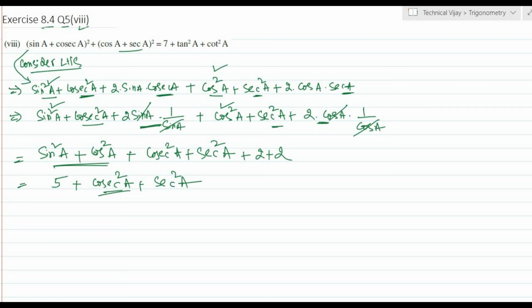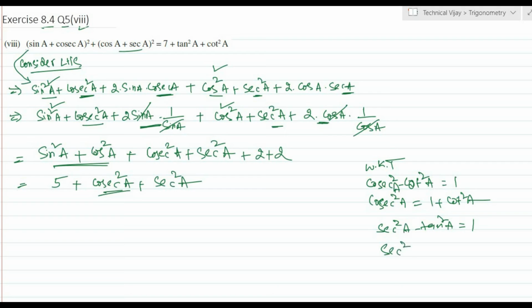Okay. So here we know that cosec square A minus cot square A is equal to 1. So cosec square A is equal to 1 plus cot square A. In the same way, sec square A minus tan square A is equal to 1, so hence sec square A is equal to 1 plus tan square A. So we will substitute here.